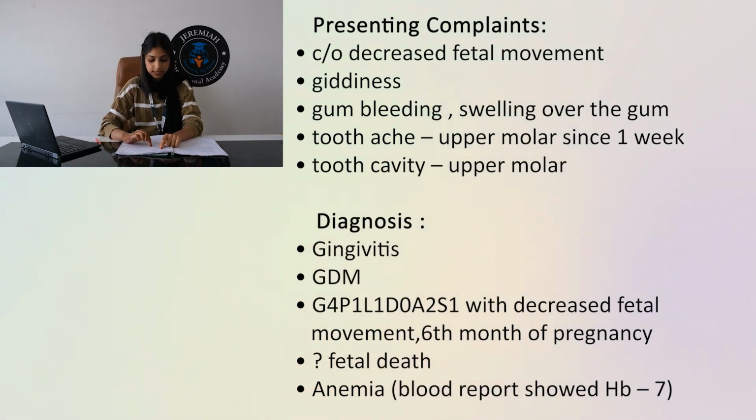There is a question mark, which indicates that the condition is not diagnosed. We are suspecting this particular condition for this patient. Query means suspected to have, possibly a fetal death. And the next diagnosis is anemia, which is confirmed by the blood report of HB with a 7.